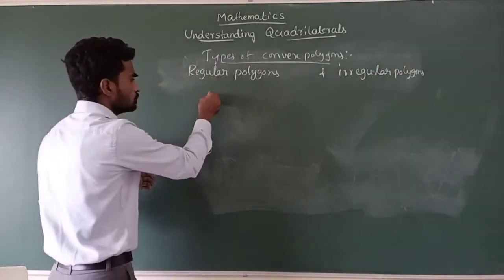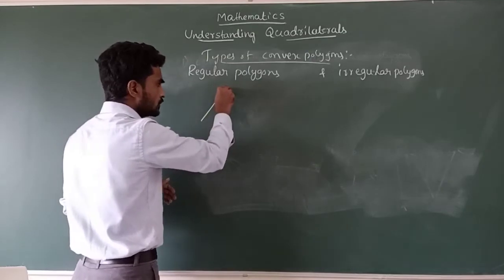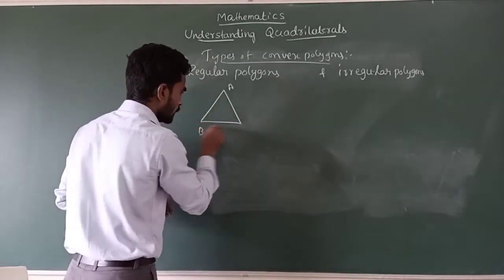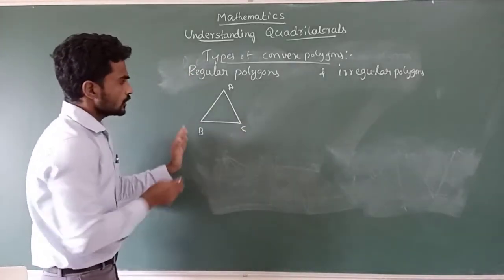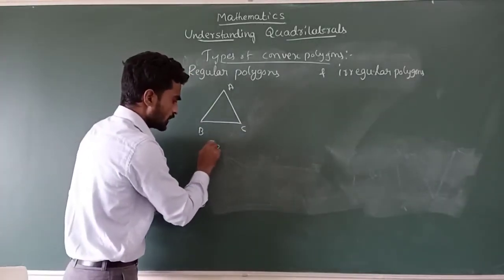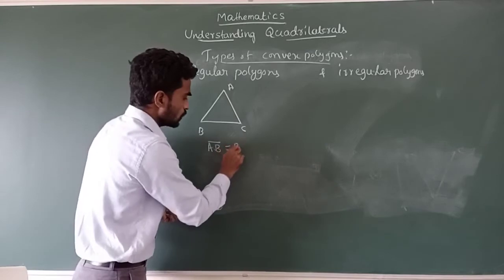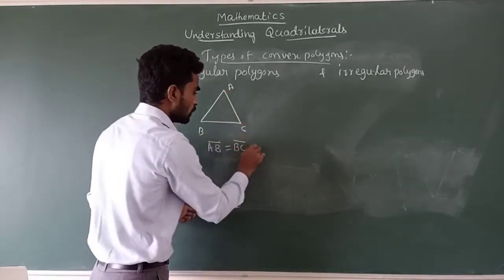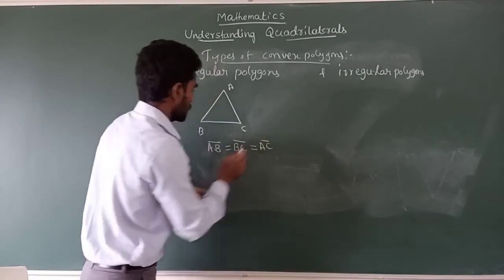For example, I will draw a triangle ABC. Here the line segment AB is equal to BC and also BC is equal to AC.